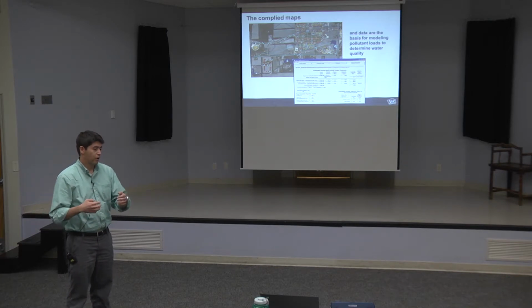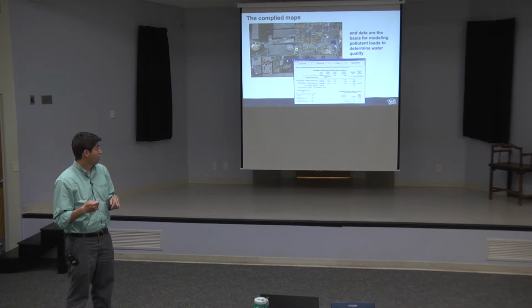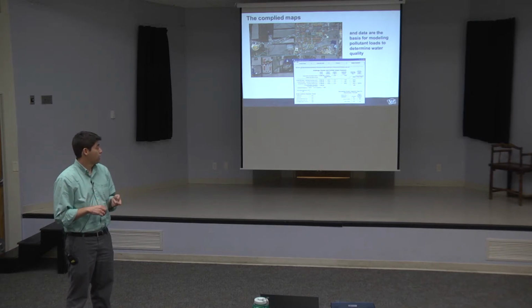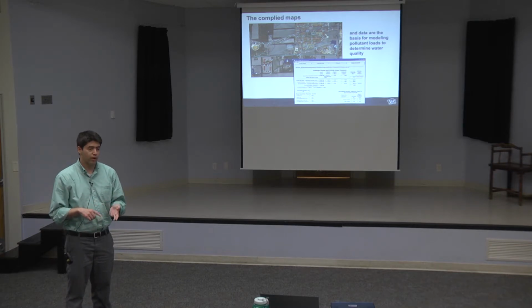To determine the best way to do this, we'll use models. This particular model is called SLAM. Inside of SLAM, we need to plug in the acres of rooftop, the acres of road, acres of impervious area, acres of grass.